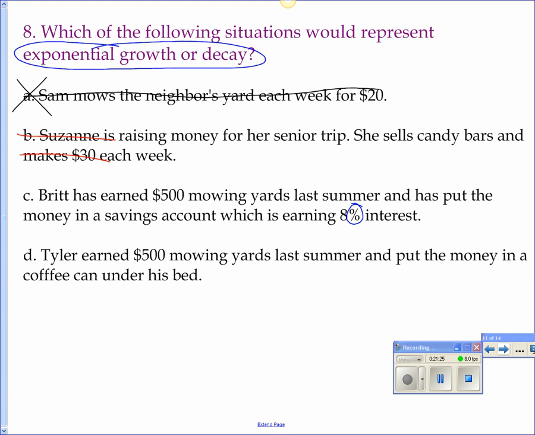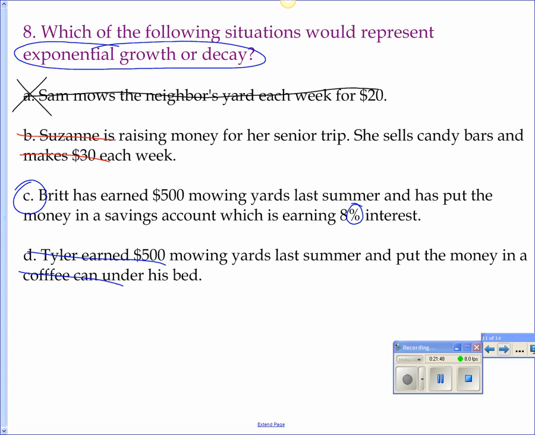Tyler earned $500 mowing yards last summer and put the money in a coffee can under his bed. Is his money going to change? No. All right. Okay. So the answer is C. Does anybody need me to explain that one further?